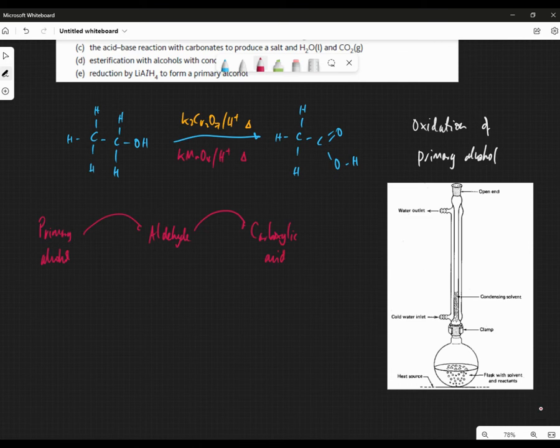If I wanted to stop at the aldehyde stage, I just use distillation. But if I want to go all the way to the carboxylic acid stage, I would use reflux.